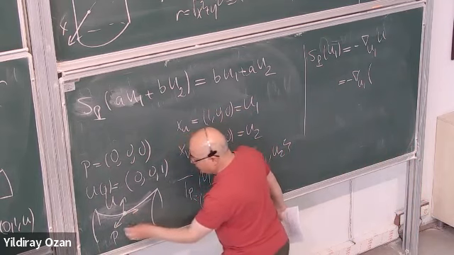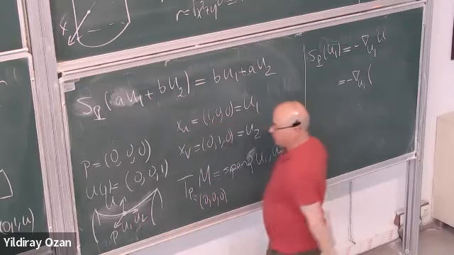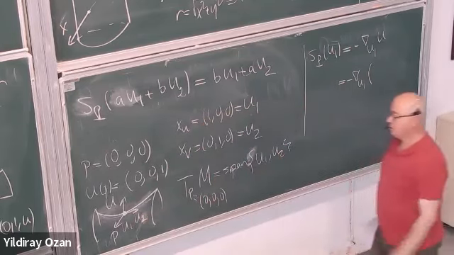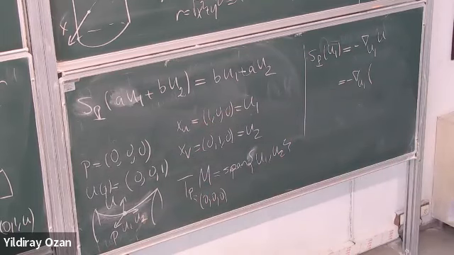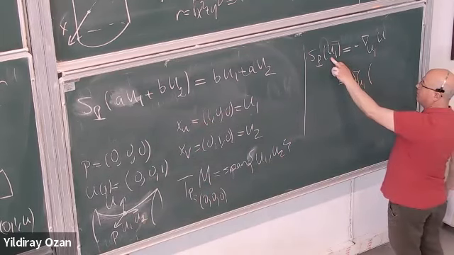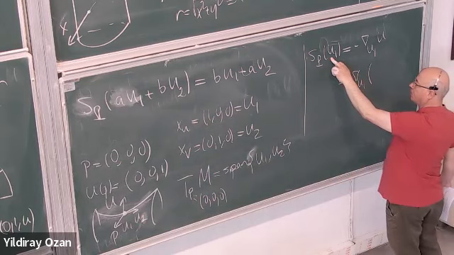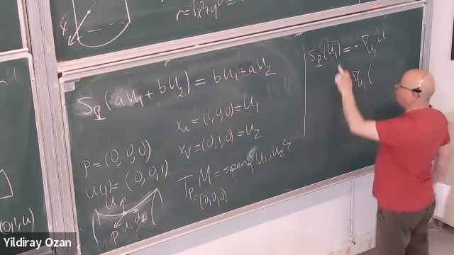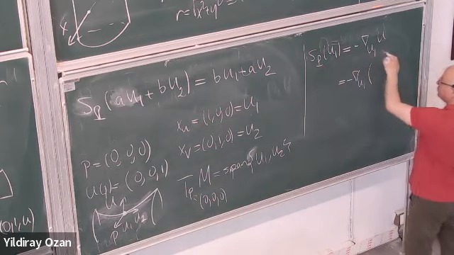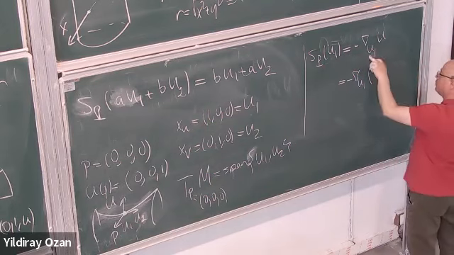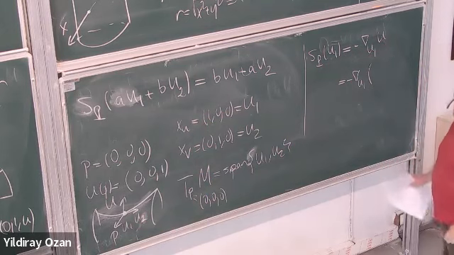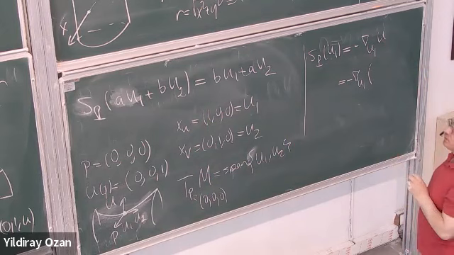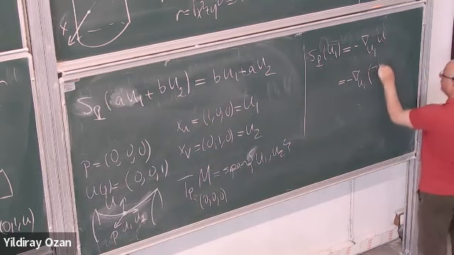This is not the correct picture, but something like this. And we take the shape operator at the point P, which is 0, 0, 0. It is just minus nabla U1 of U, where U is the unit normal vector field.